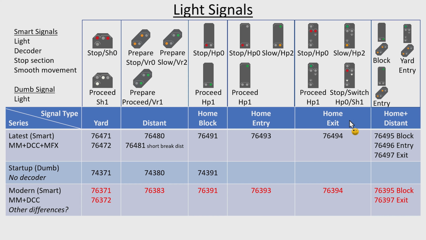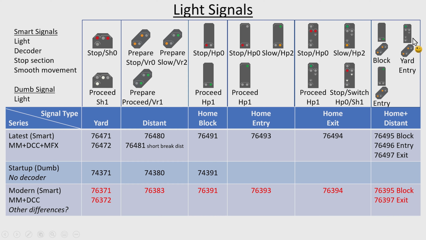So what's interesting about this one is that it shows the movements of the home entry, so the stop, proceed, and proceed slowly or slow, but it also can at the same time show that switching is allowed, but you are not allowed to move past this signal, for example. So you would typically find this signal on the border between either main line or yard, or train station and yard, and typically when you are exiting.